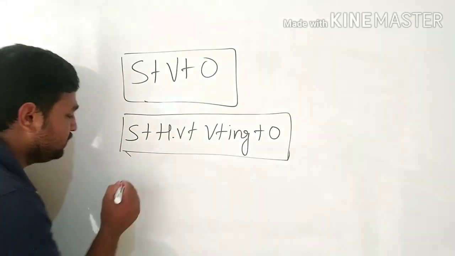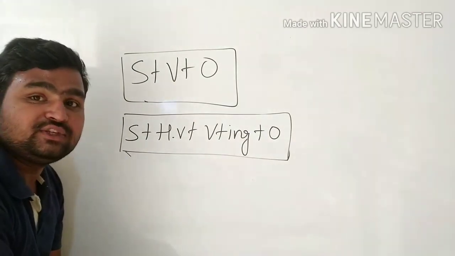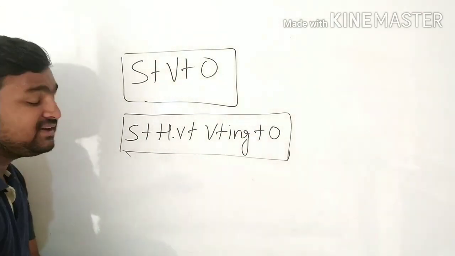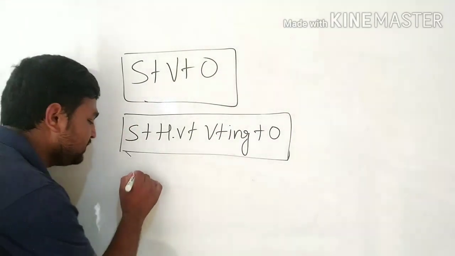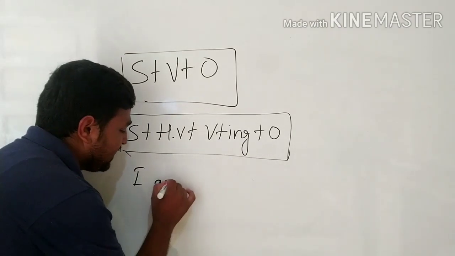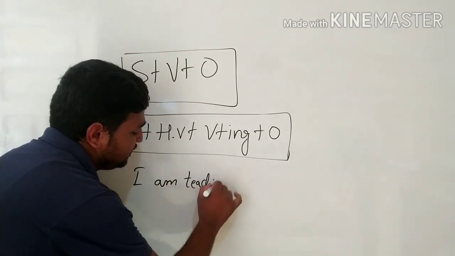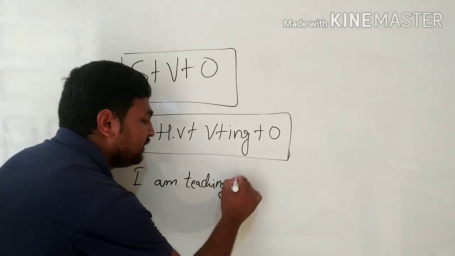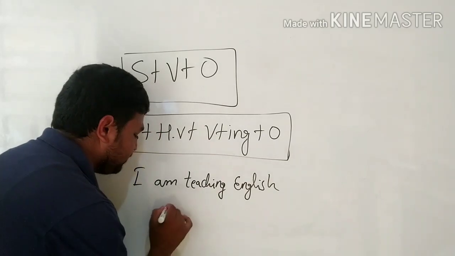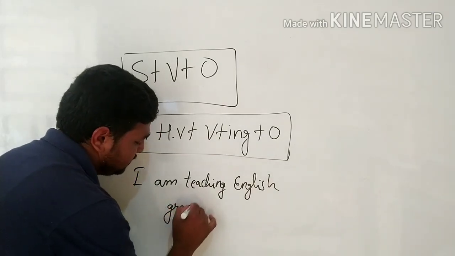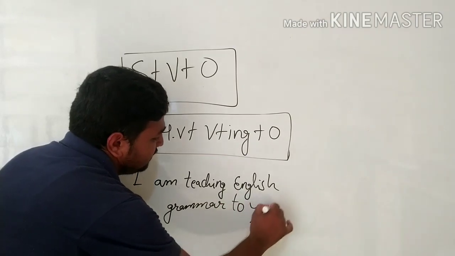Let's take an example. Yesterday I took an example like I teach you English grammar. Today let's transform the same sentence into present continuous tense, right? I am teaching English grammar to you, right?